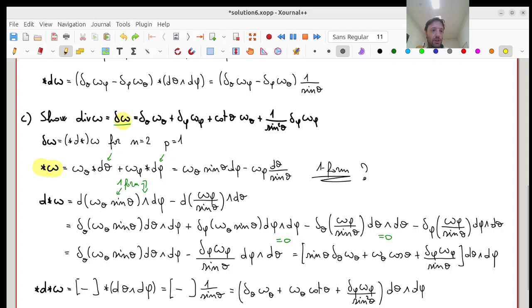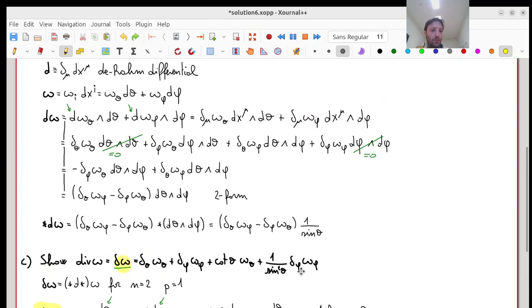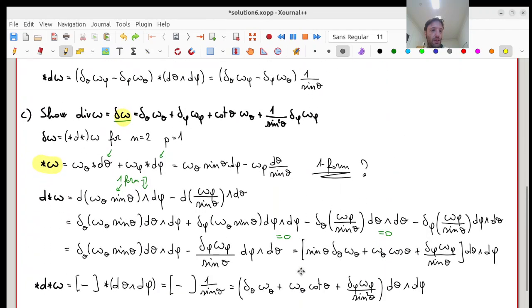Now instead of applying D, we apply the star to it. So we're going to do the same. Before, D was going to work on the coefficients. Now, our Hodge operator is going to work on the one forms, the theta.